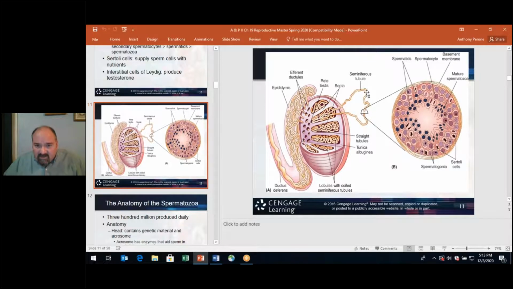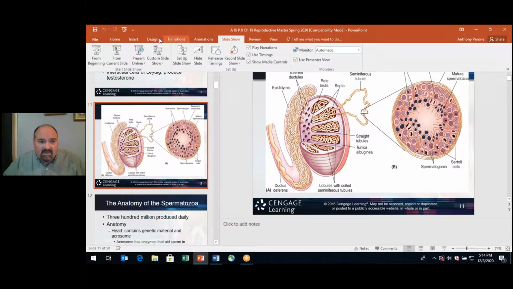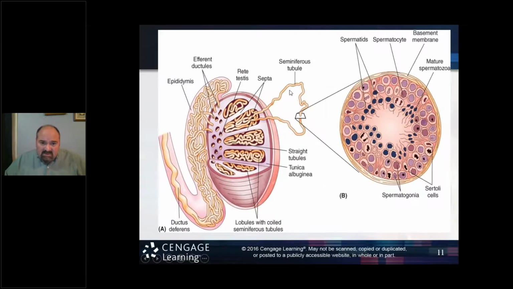So here you go, the seminiferous tubule. Here we go, the straight tubules. Let me go back here for a moment. So we have here the seminiferous tubules, the straight tubule to then the rete testis, to the efferent ductules, which will lead to the epididymis, where we will have the storage and the maturation of the sperm.